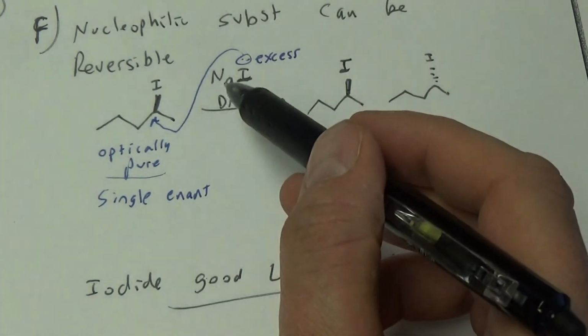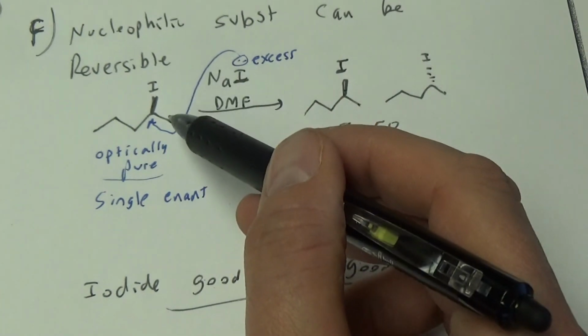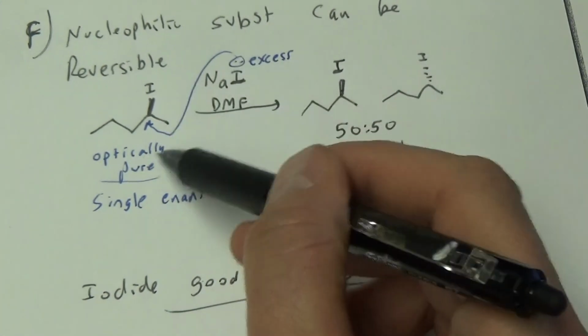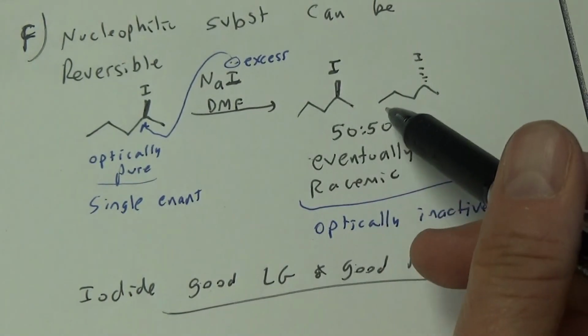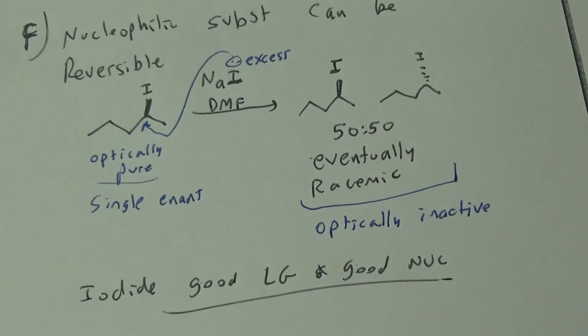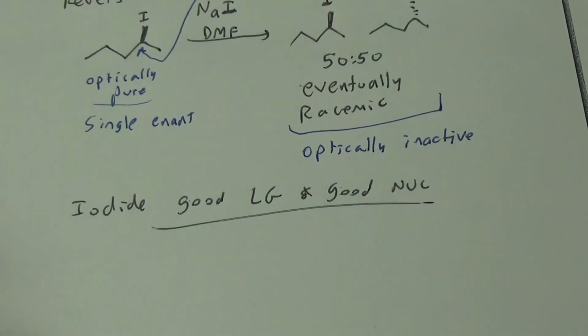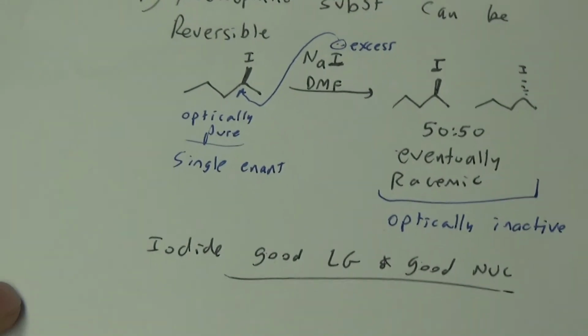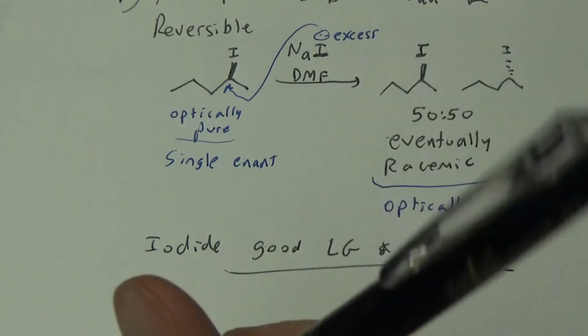So this can react, and then it'll just keep reacting and reacting until eventually you basically just get stuck with a 50-50 mixture. Okay, so that makes sense.